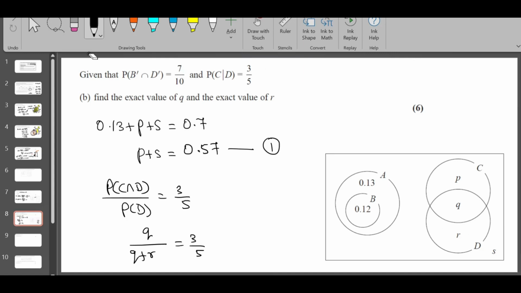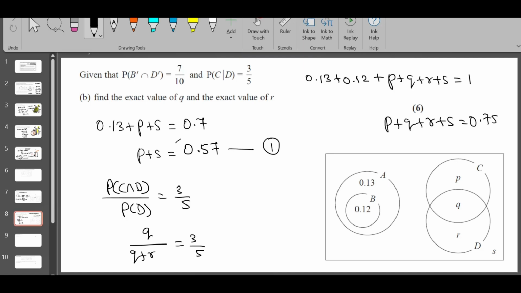Okay. And then the sum of all the probabilities will be equal to 1, right? So if you add everything, that's going to be our third equation. P plus Q plus R plus S is 1. So we'll get P plus Q plus R plus S is 1 minus 0.25, 0.75.